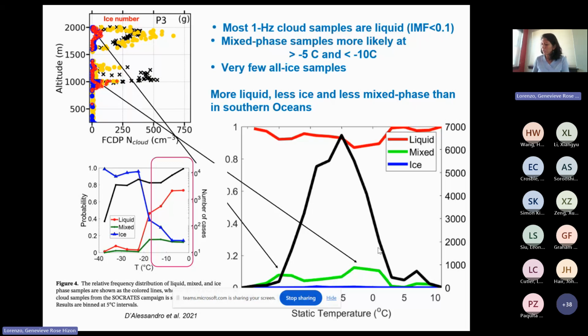We also noticed that the mixed phase has a similar contribution, less than 20% of the time. And in our specific case, there seems to be a peak distribution of mixed phase clouds around -15 and around -5 degrees centigrade, which we're still trying to understand.